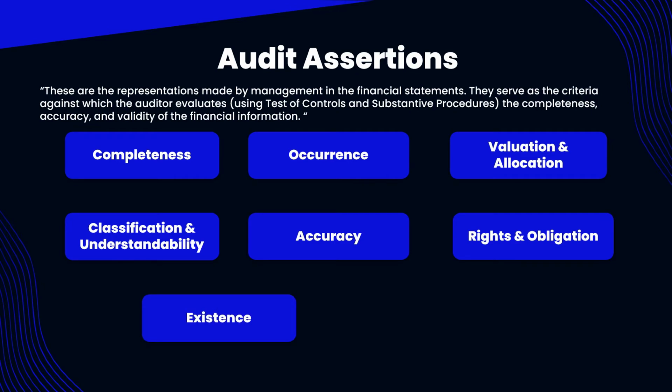Another one is existence. Management claim that all assets, liabilities, and equities reported in the financial statements actually exist. So auditors perform a confirmation of the existence of assets, such as inventory and investments. They do a thorough physical verification and other audit procedures. Another one is cut-off. This is a very important one.